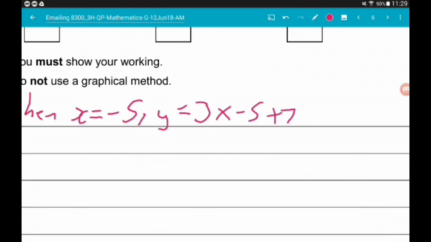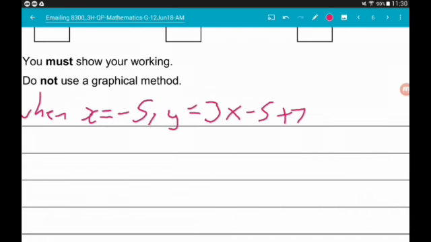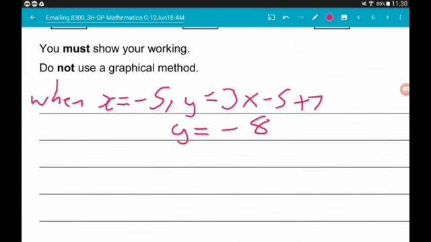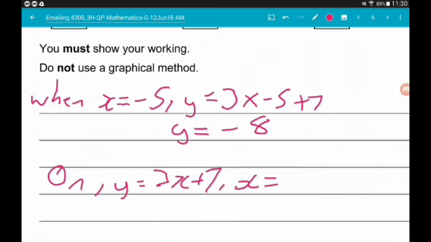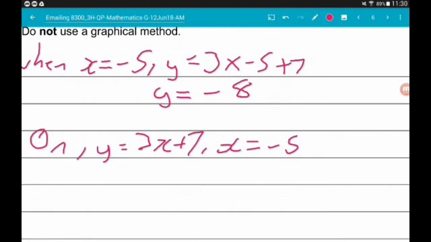So we get y is minus 8. So on the line y equals 3x add 7, when x is minus 5, so at this point where x is minus 5, y is minus 8. So that is a point on the line.